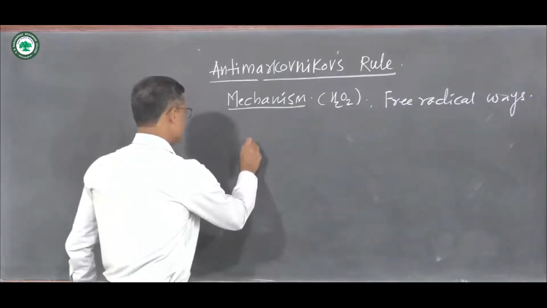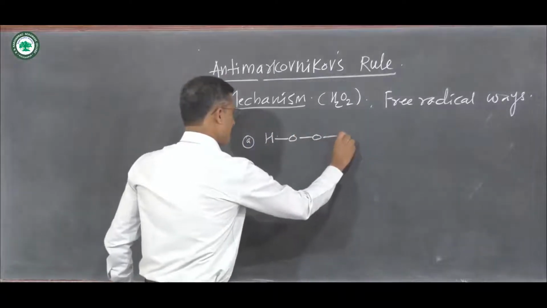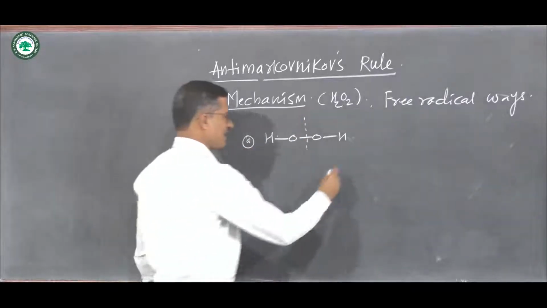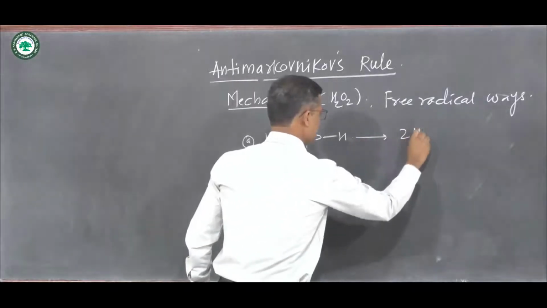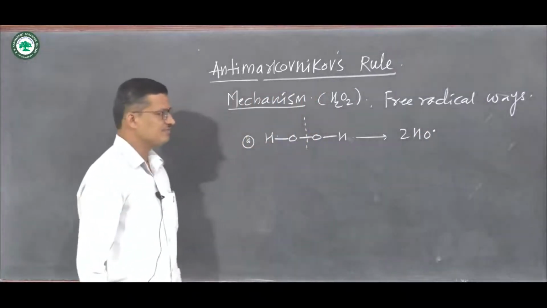So what happened in case of this H2O2? We know there is a peroxide. The bond between the two oxygens is weak, and this bond breaks homolytically, and we get the hydroxy radical. So this is the first step.